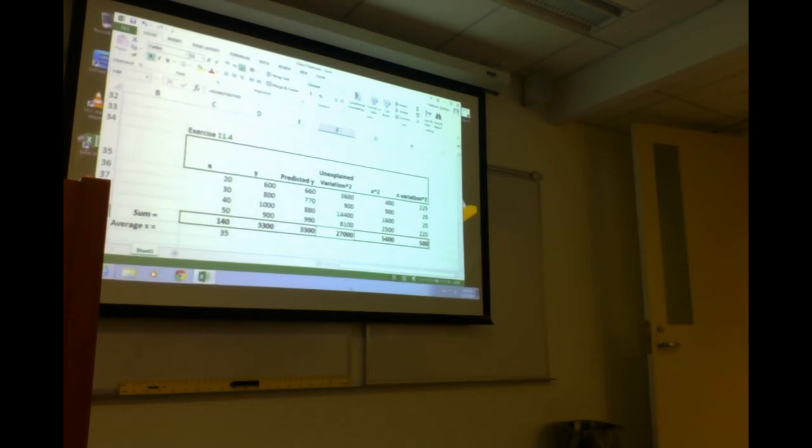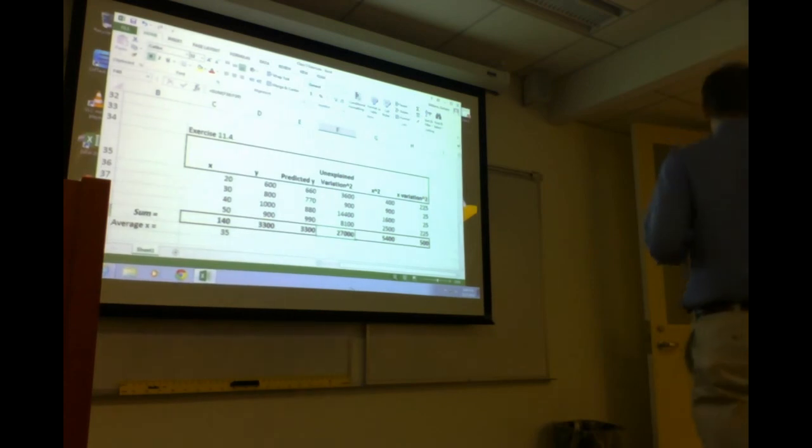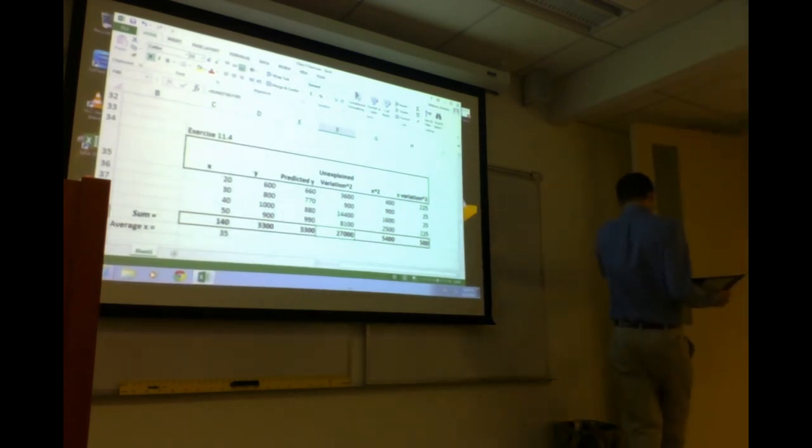I'll give you a hint. It's one of those numbers. It's either 440 or 11. What is our point estimate for the slope of this relationship between number of sites that you're on and number of downloads?